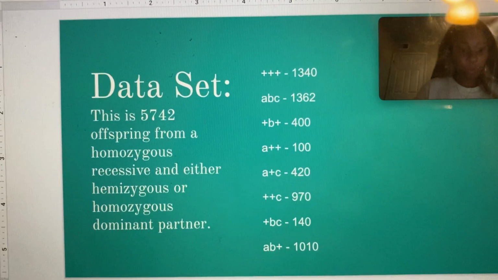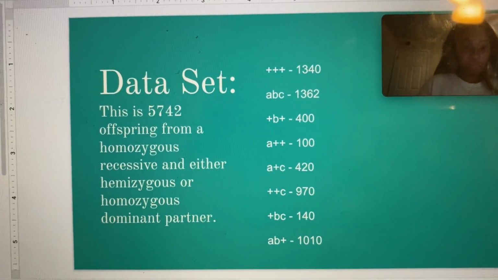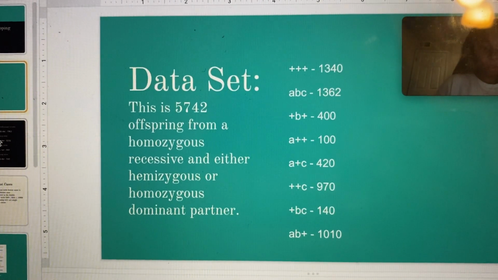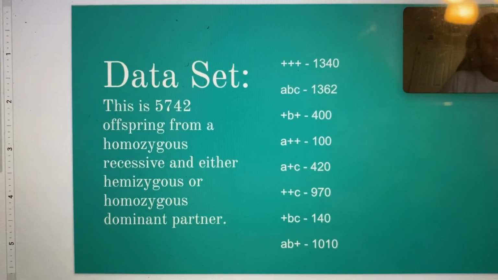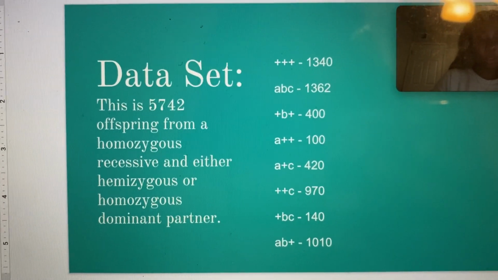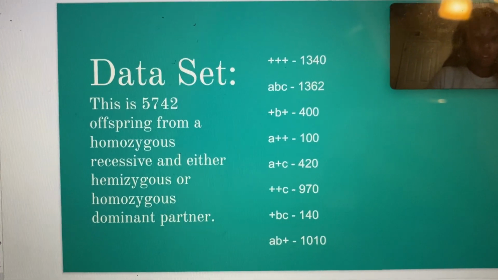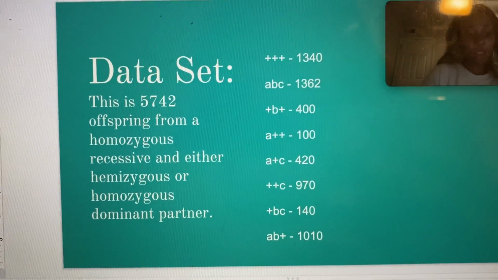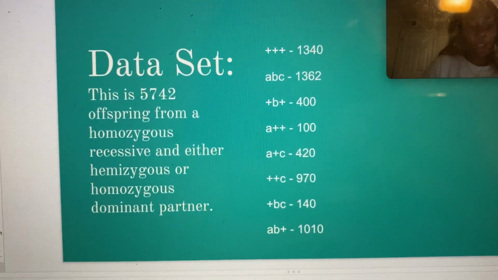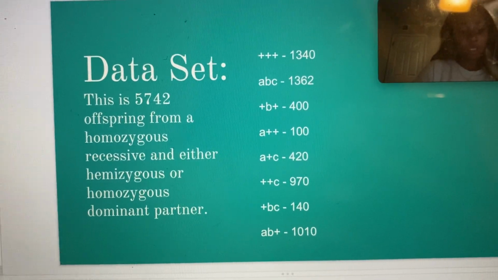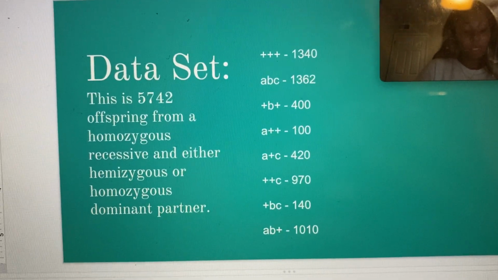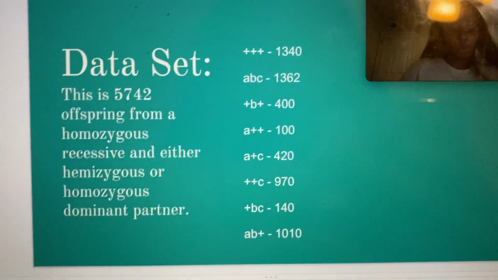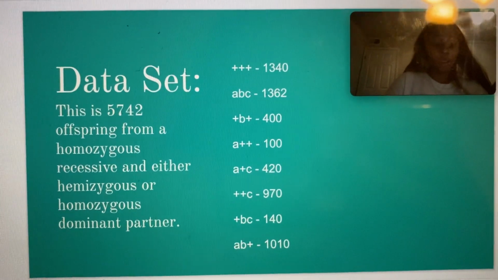So to start, we have the data set. The data set given had the three positives here, which is 1,340, A, B, C, which is 1,362, A positive, B positive, 400, A positive, B positive C, 420, positive B positive C, 970, positive B, C, 140, and A, B positive, 1,010.